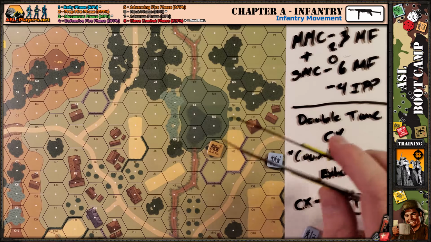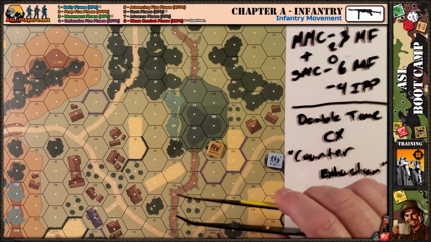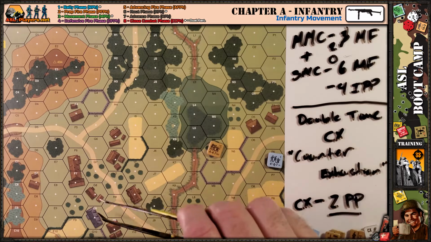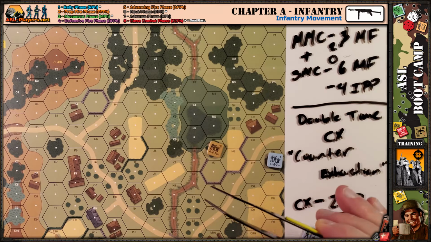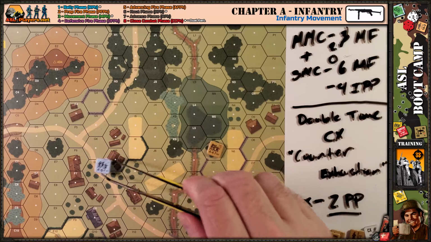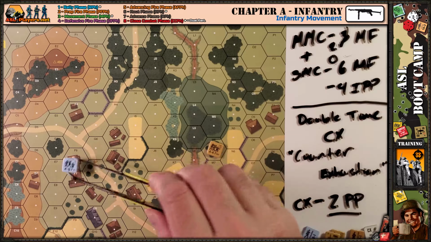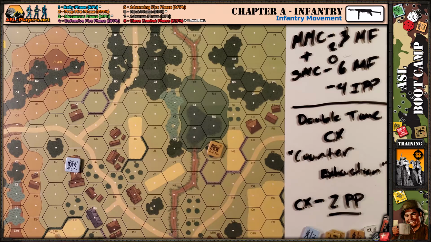So dash is really only useful in close-in fighting in cities and villages where there are either buildings or woods, or hexes with blocked line of sight on either side of a road that allows you to dash across things like that. And any firepower that goes into that hex is halved.